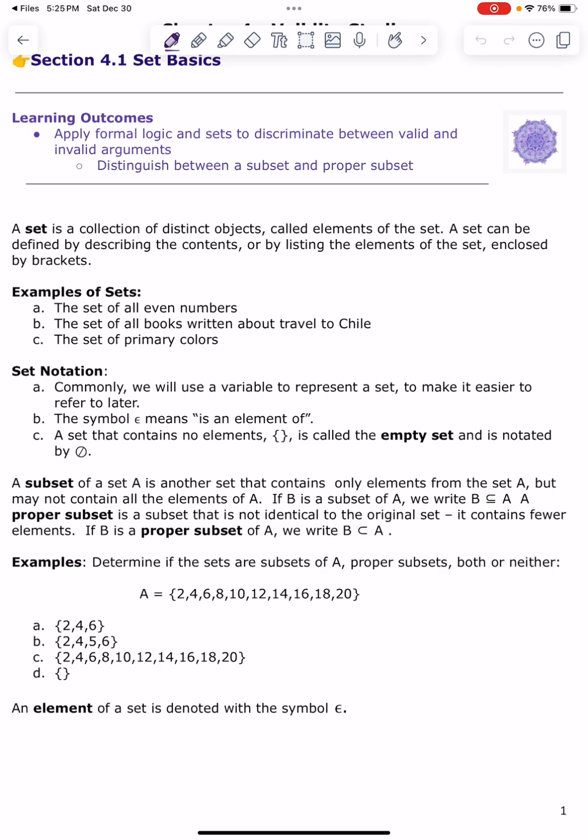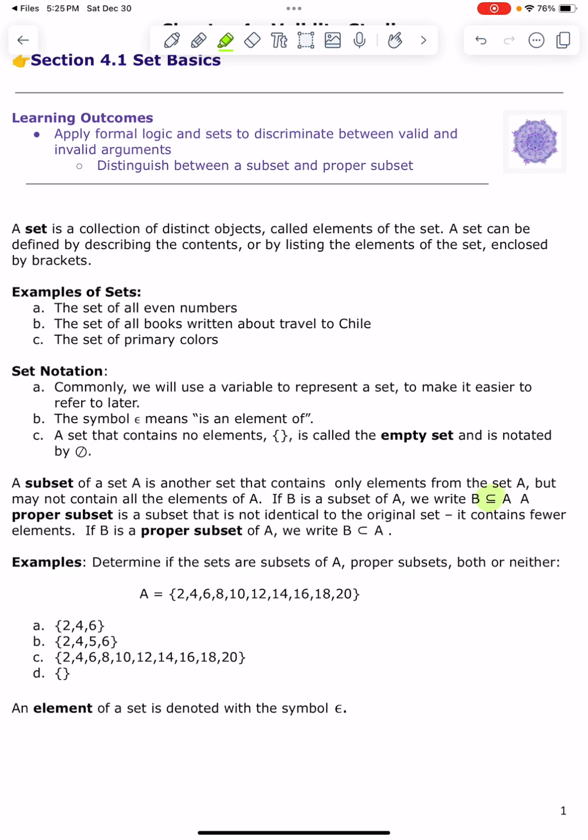And then we have a subset, which is a set of another set that contains only elements from the set, but may not contain all of them. If B is a subset of A, we write B, and then here is your little symbol for a subset.